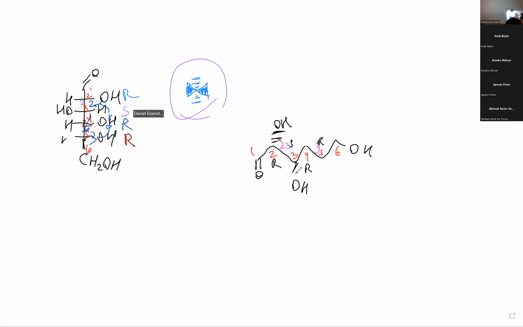There we go. All right. Everything makes sense so far? You're just going to rinse and repeat this step until you get to carbon 5, okay?